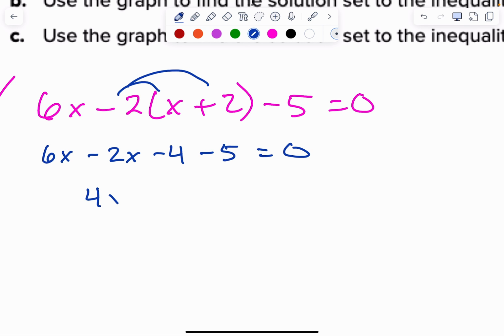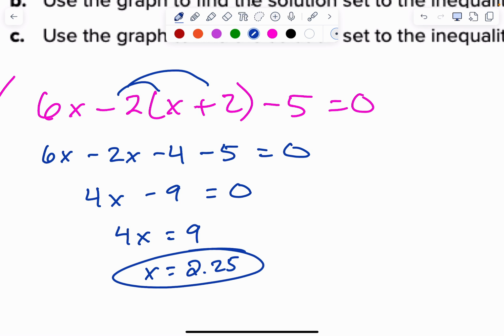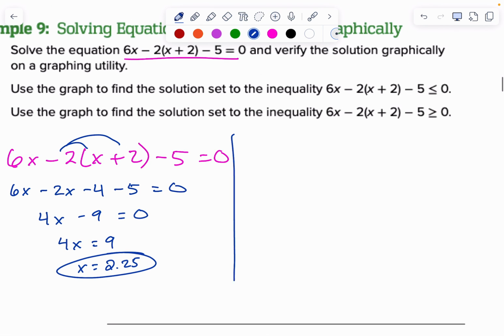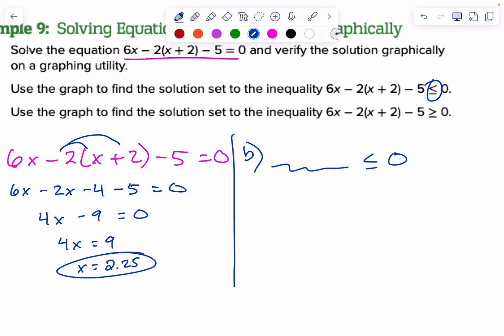That is 4x minus 9. 4x equals positive 9, and x equals 2 and 1/4 or 2.25. Okay, that was for A. B, when they say this less than symbol, I've got all the junk is less than or equal to 0, right? Then eventually I will have 4x is less than or equal to 9, and x is less than or equal to 2.25.